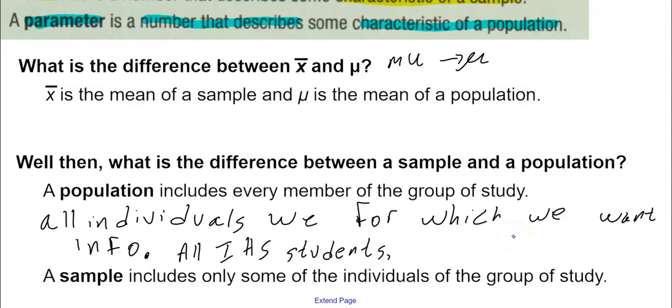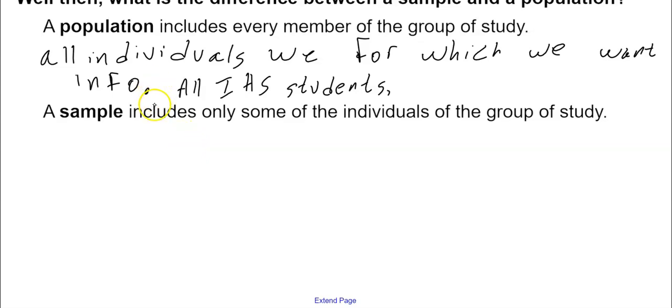All 2024 Hyundai cars produced. All laptop computers produced in May. That's a population. Now, some of those examples I gave you, it would be very difficult to gather data on. So a sample is only some of the individuals from that group of study.